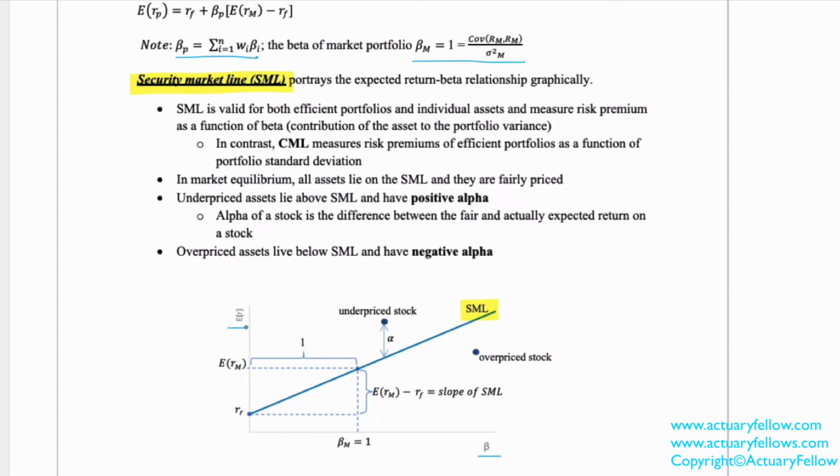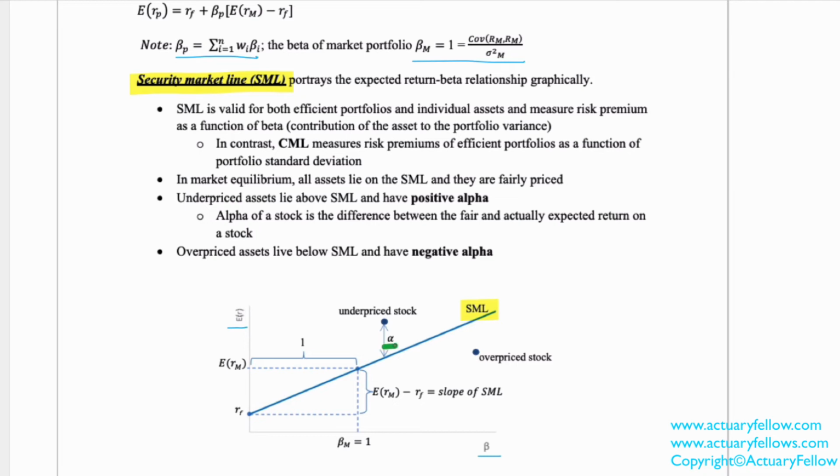In a way, it's similar to CAL, measuring the expected return, but CAL is a function of standard deviation. The x-axis is sigma. In market equilibrium, all assets fall on the SML because they are fairly priced. Underpriced assets lie above the SML and have positive alpha.